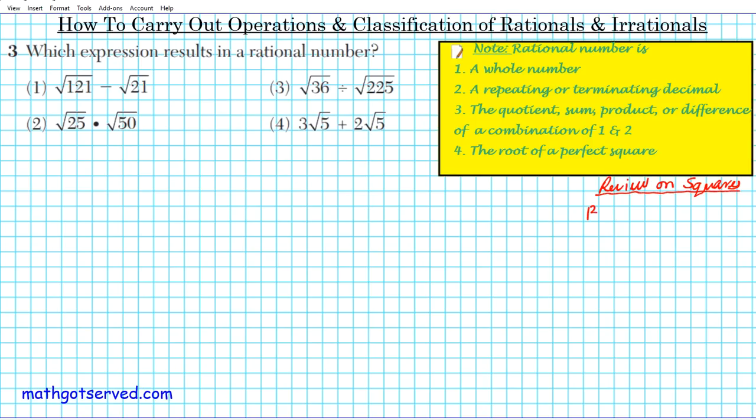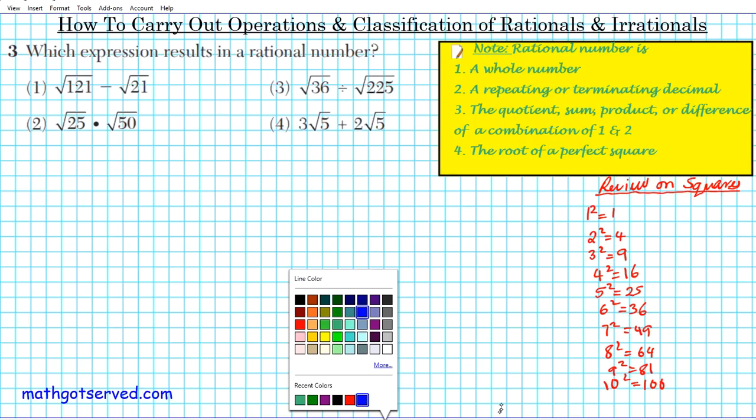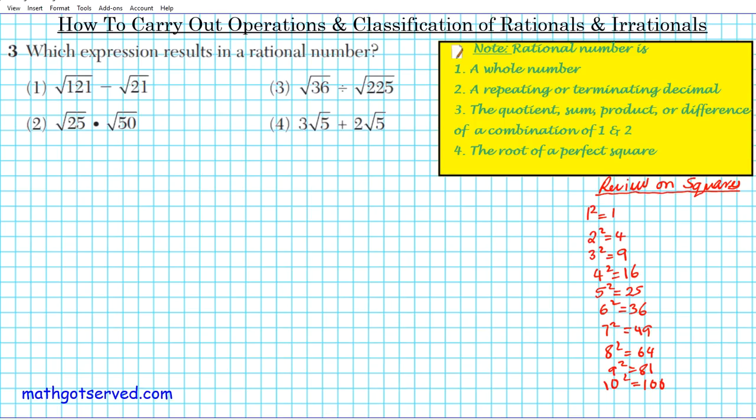Now, what is 1 square? 1 square is 1. 2 square is 4. 3 square is 9. 3 times 3. 4 square is 16. 5 square is 25. 6 square is 36. 7 square is 49. 8 square is 64. 9 square is 81. 10 square is 100. So it's good for you to memorize your squares, okay, from 1 to 15 at least. And then it will really help you to carry out computations involving operations and radicals and also simplification of radicals.